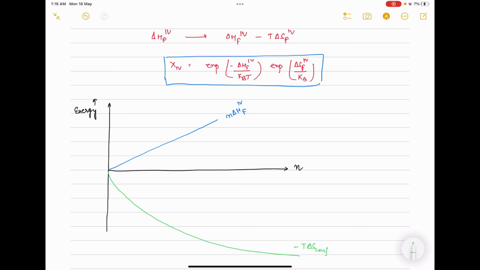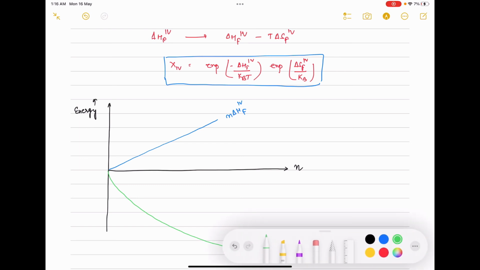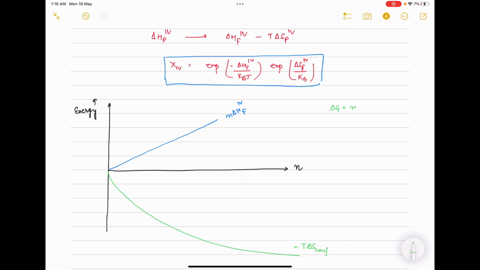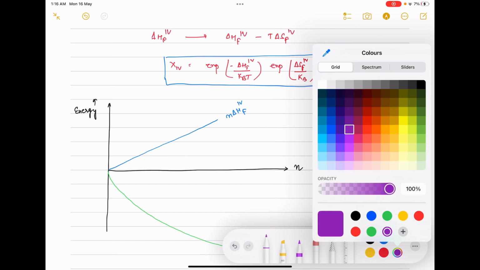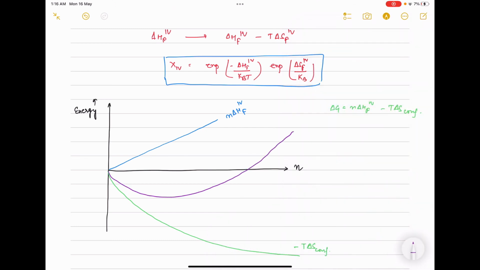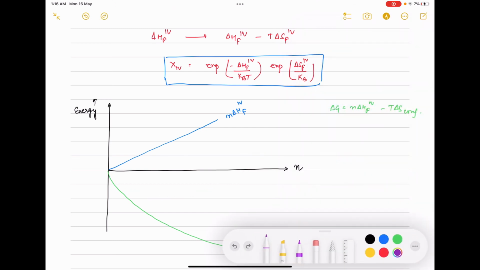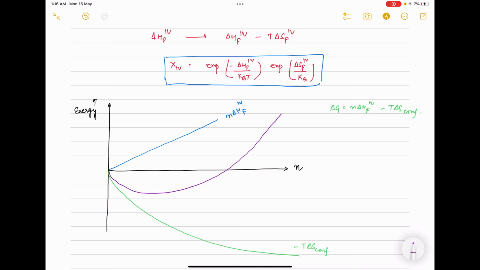When we add these two to get the Gibbs free energy, that is delta G equal to n delta HF 1V minus T delta S configurational, we get the final curve somewhere like this. So this is delta G basically.